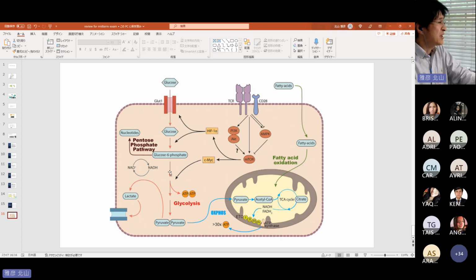And it will be broken down to pyruvate. This process is called glycolysis. So glycolysis occurs in the cytoplasmic space, the cytoplasm. So you can remember glycolysis from glucose to pyruvate occurs in the cytoplasm.